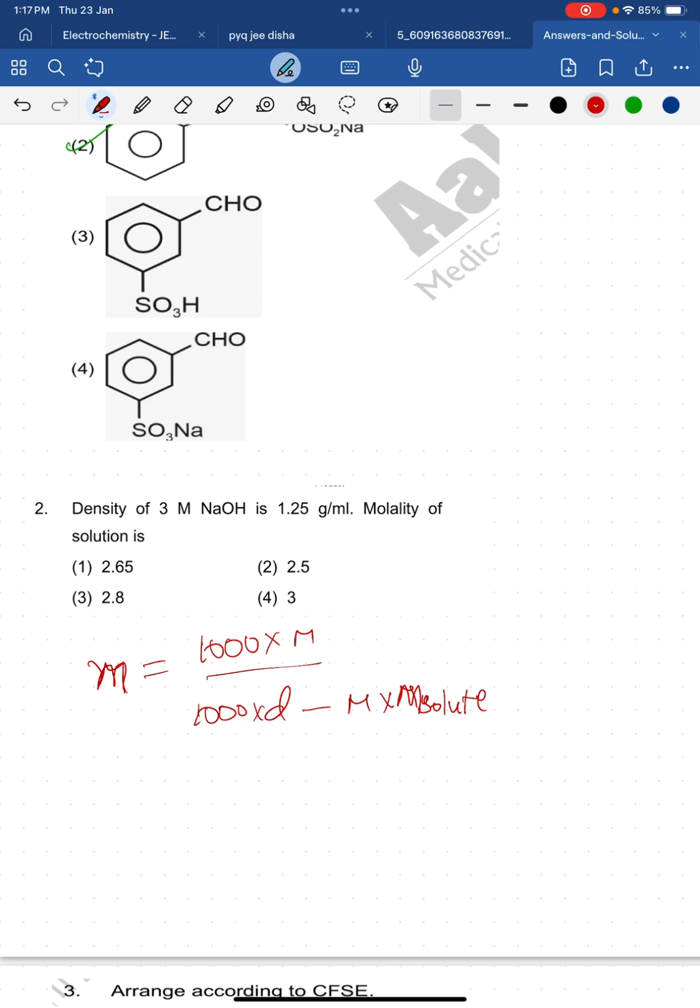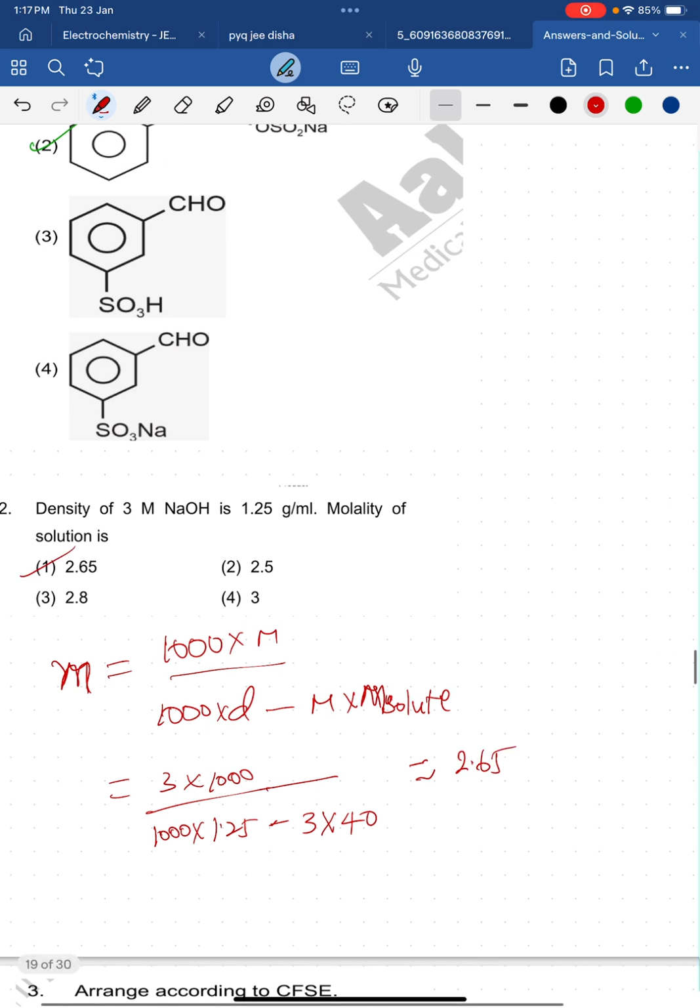By substituting all the values: 3 into 1000 divided by 1000 into density 1.25, minus molarity 3 into the molecular weight of NaOH, which is 40. By solving this you get approximately 2.65. So this is your answer.